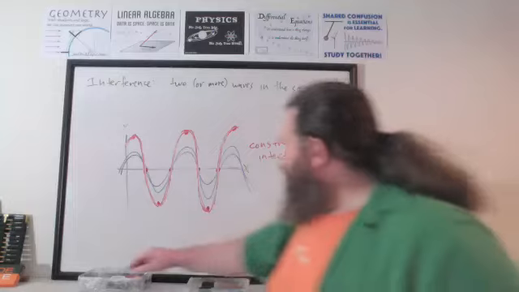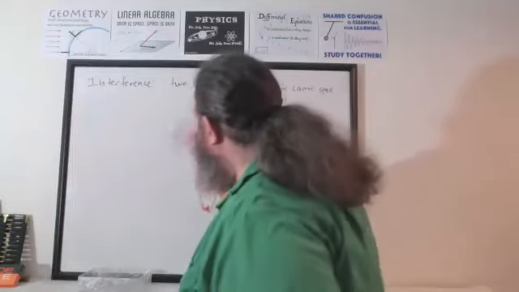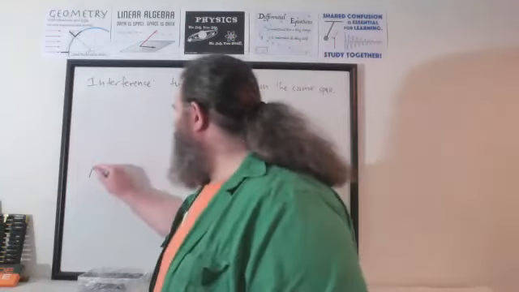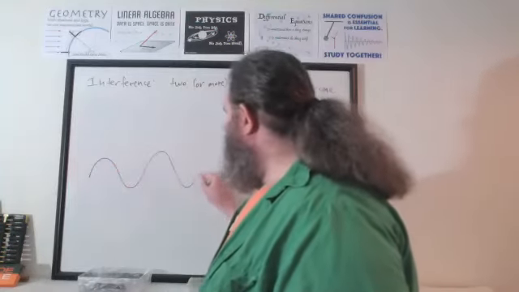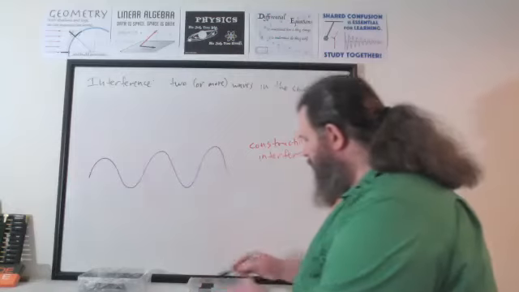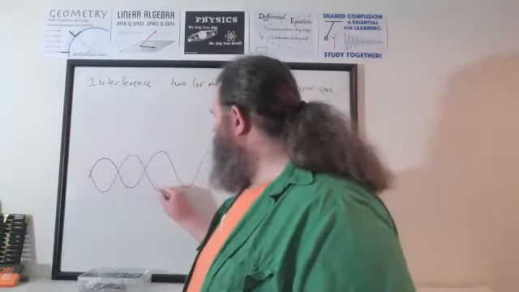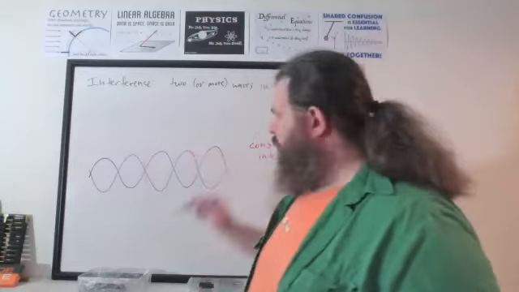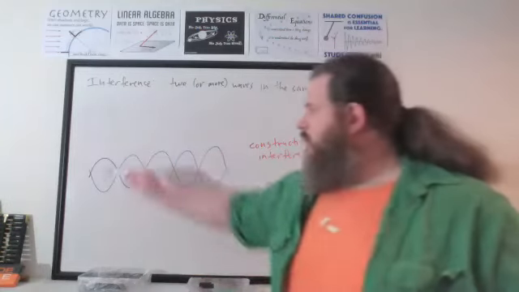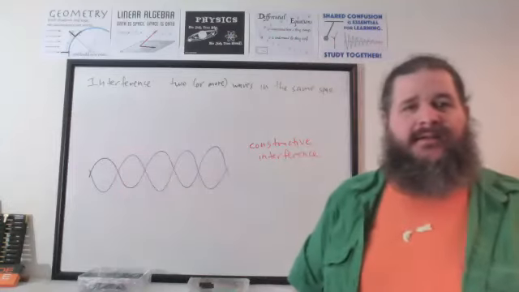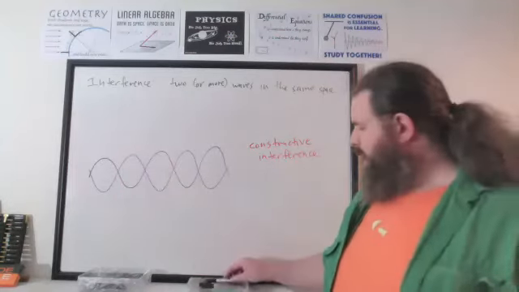On the other hand, if you had them lining up oppositely, like let's say you have one wave that looks like this, and one wave that looks like this. In that case, if you have crest and trough lining up, you've got a positive plus a negative. So what's that going to be? 0.